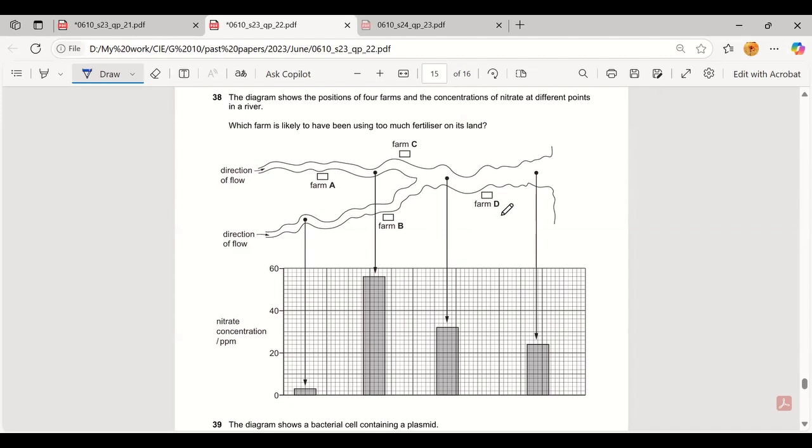Yes, D. But when they use more nitrates, more nitrates will leach in the river. You must choose the highest concentration of nitrate in the river. The village before this part will be the village that uses fertilizers the most.